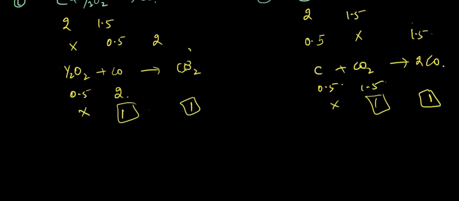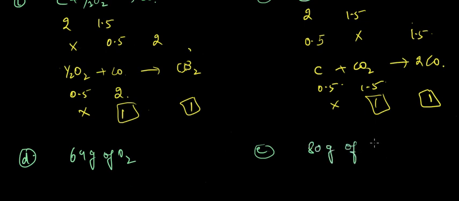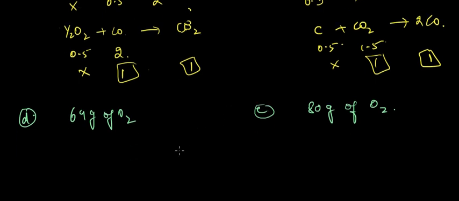So I'll just leave 2 more questions to you guys. You need to figure it out. So D part is, what if we have 64 grams of oxygen, and E part is, what if we have 80 grams of oxygen. Okay, so I hope here you get that only CO2 is formed as a result.